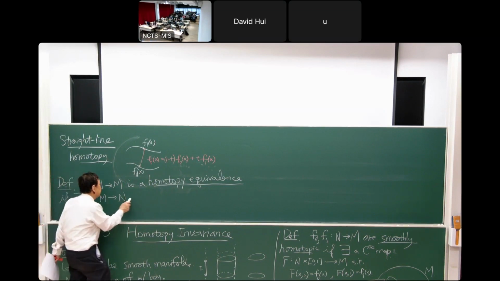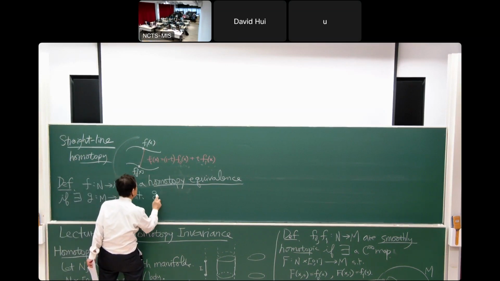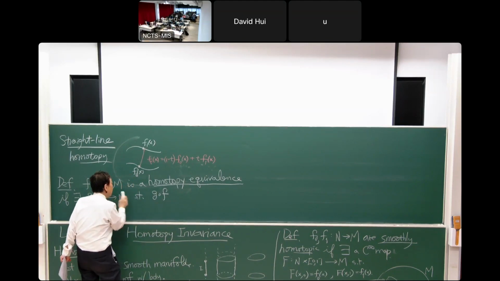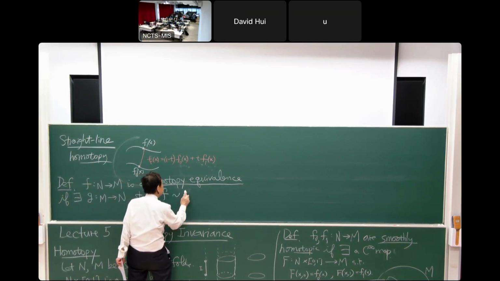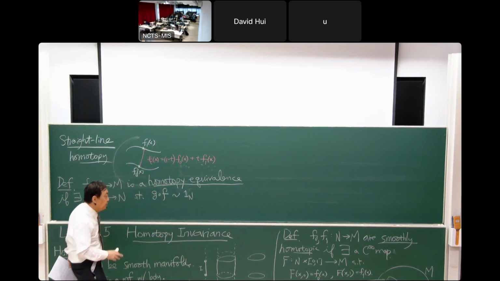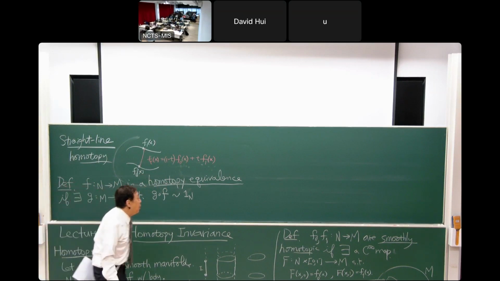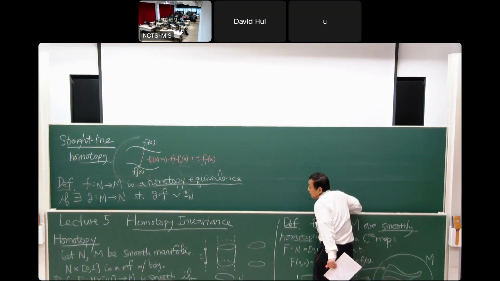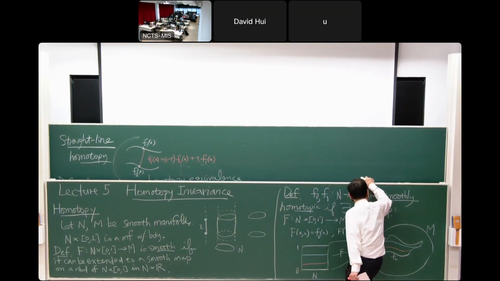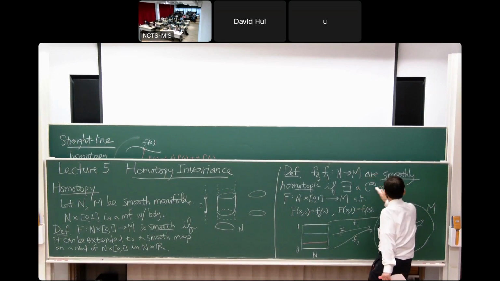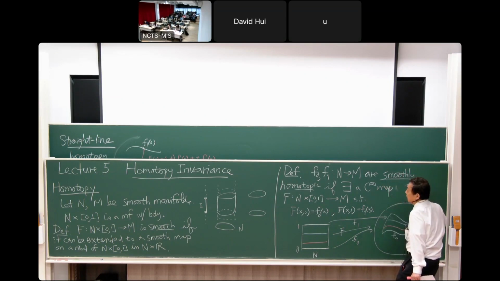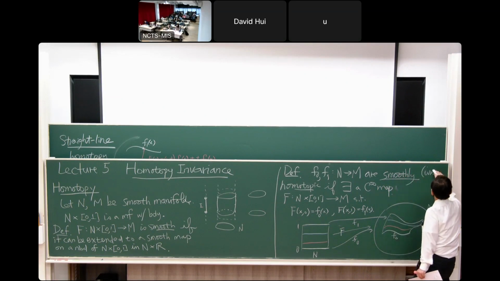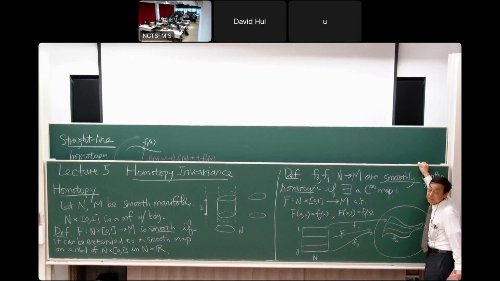So there is a G going the other way such that G composed with F, which goes from N to N, is not the identity, but is smoothly homotopic to the identity on N. I use that symbol to mean smoothly homotopic, written F0 tilde F1. That means the two maps are smoothly homotopic.